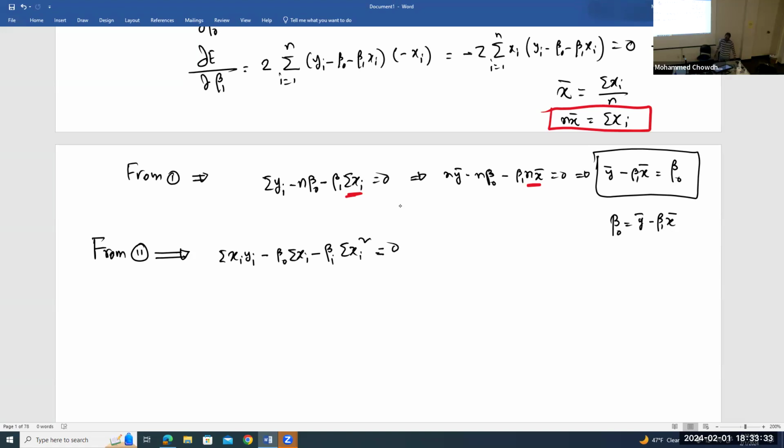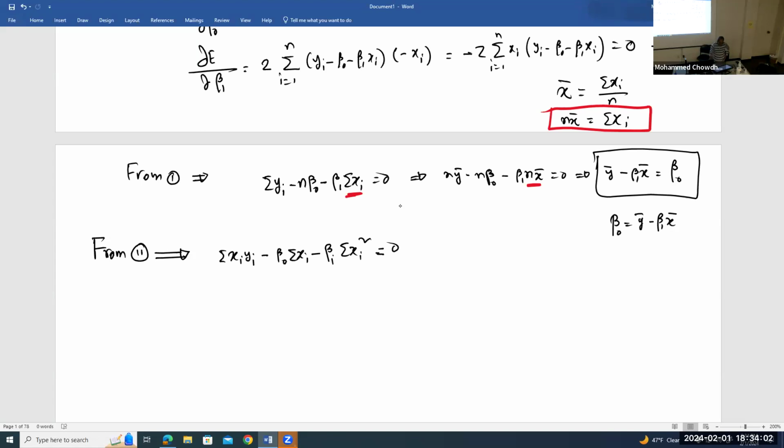Because the right side has a 0, I just divide both sides by negative 2. We have this thing, sum of xi yi, beta 0 sum of xi, and then minus beta 1 sum of xi square.